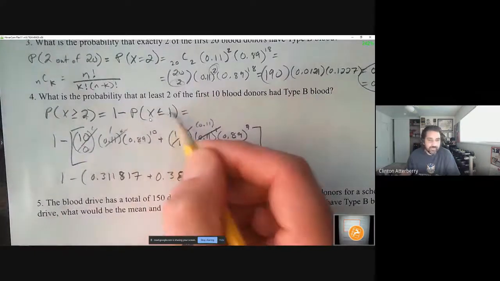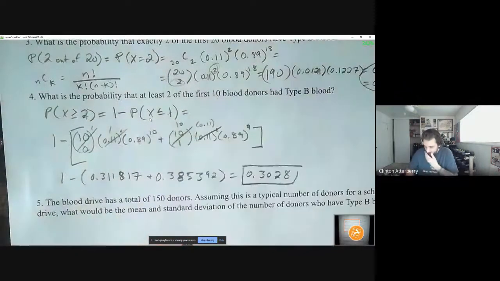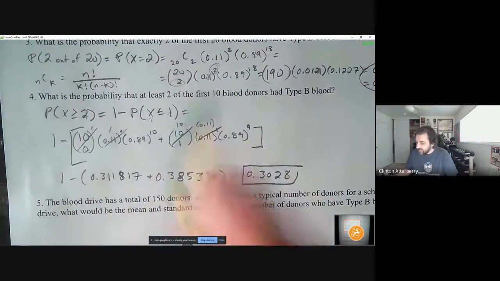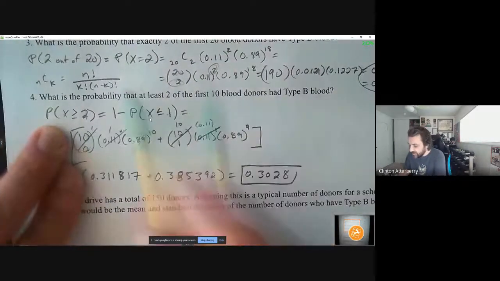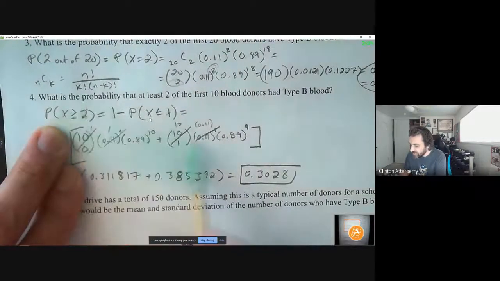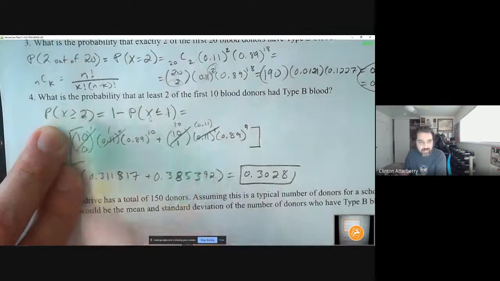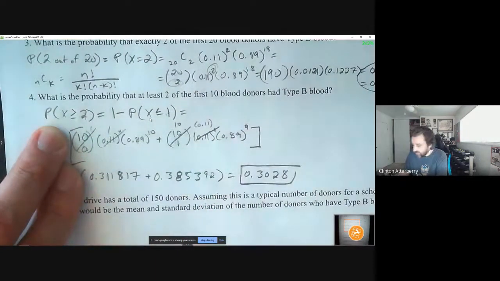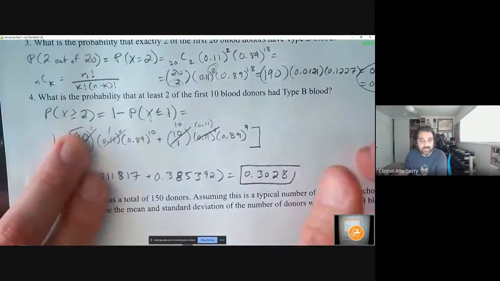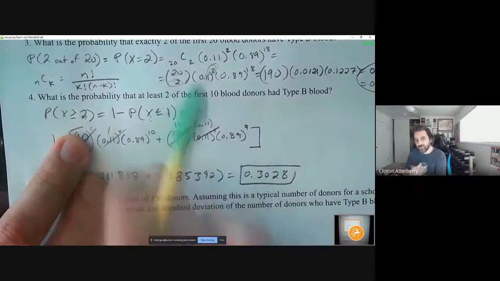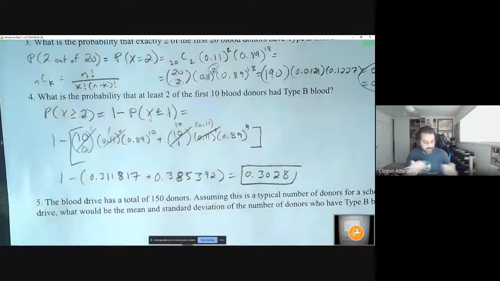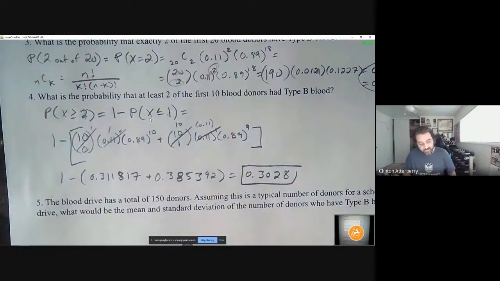A few ways you could see this, but this way seems the fastest, because the alternative would be to not do the 1 minus but do the 2 plus the 3 plus the 4, 5, 6, 7, 8, 9, and 10. You could write that out, but this is considered a shortcut method, and it works more reliably because it's less things you're doing, therefore potential for fewer errors.